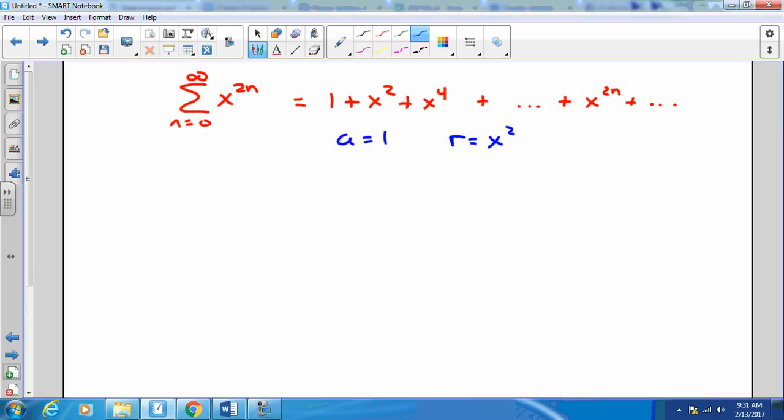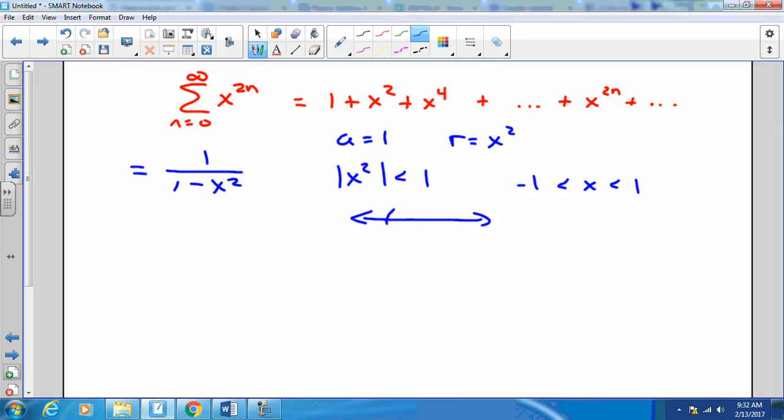So because this is a geometric series, I can apply the geometric series test and find that this converges to 1 over 1 minus x squared, so long as the absolute value of x squared is less than 1. And this will be true for all x's between negative 1 and 1. In other words, on an interval of convergence that has a center at 0 and a radius of 1.